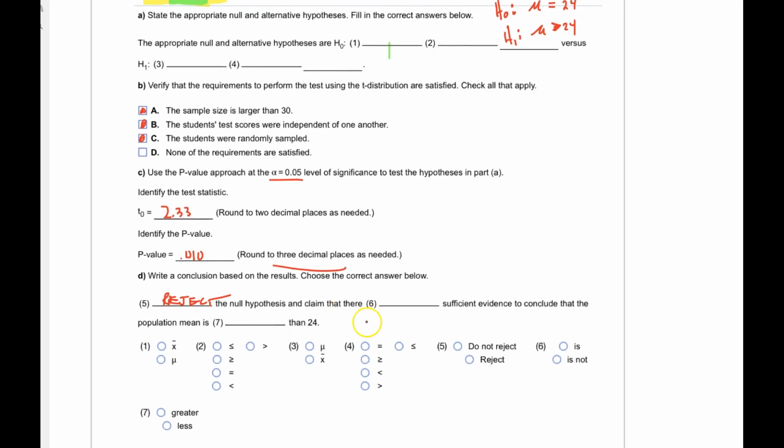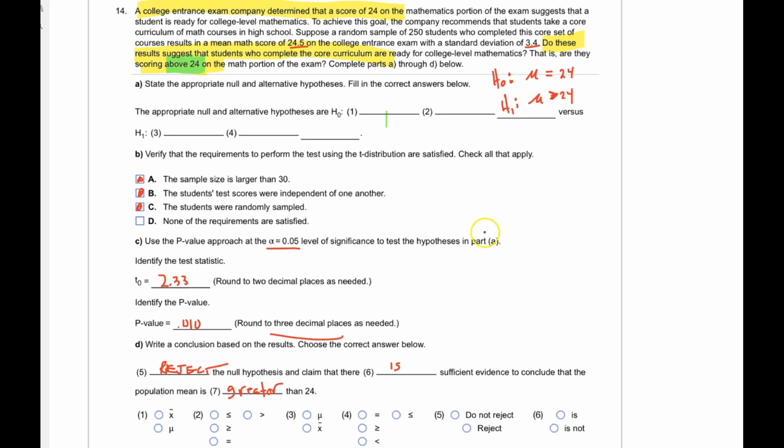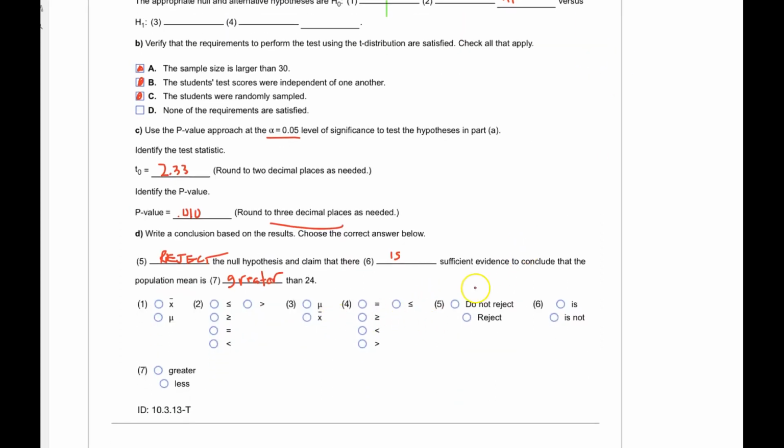And the claim that there is sufficient evidence: since we're rejecting the null hypothesis, we say there is sufficient evidence to conclude that the population mean is greater than 24, because once we reject the null hypothesis, we're saying the alternative is true. And so that's where we come to this conclusion here.